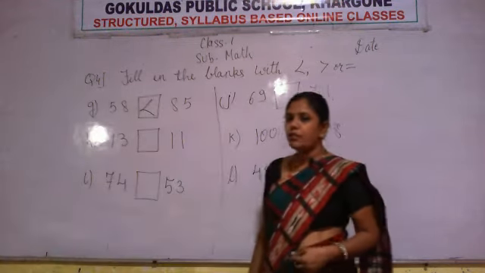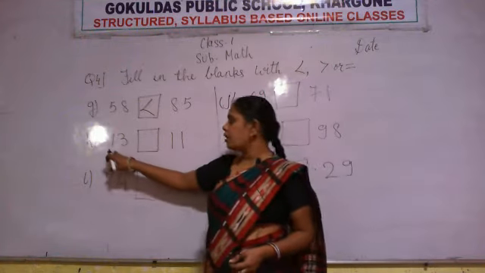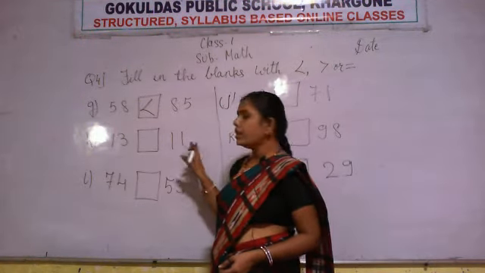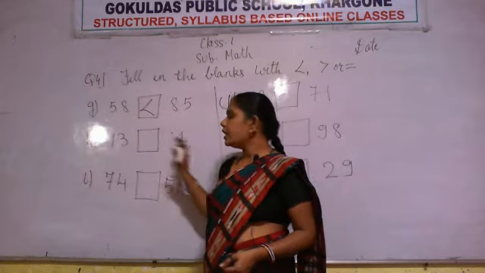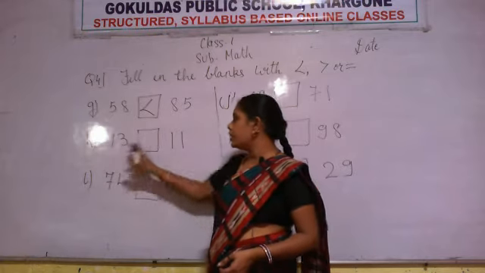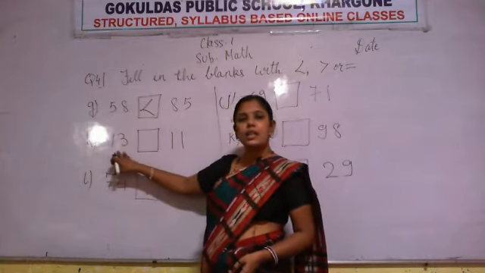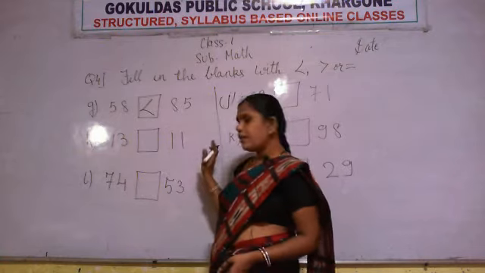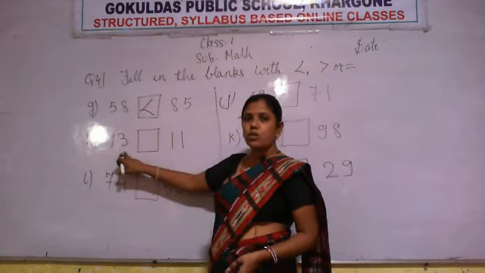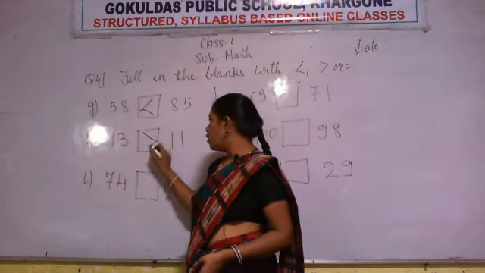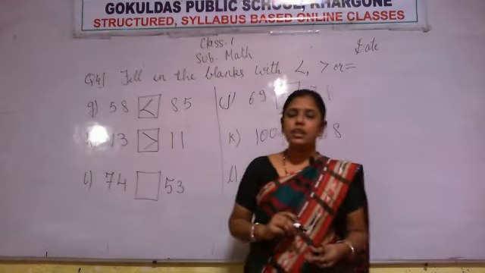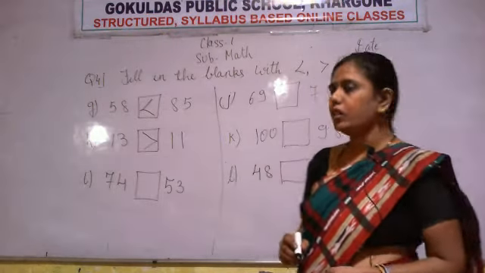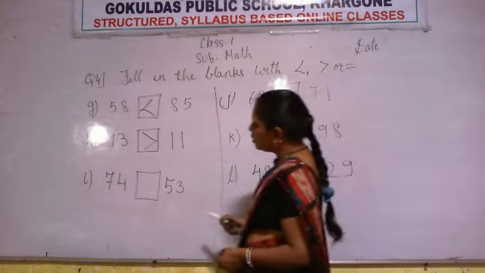Okay. Now see what is the next number. 13 and 11. So which number is bigger between these two numbers? 13 is the bigger number than 11. So this is the bigger number, so the sign of greater than will be here. Now see the next question.